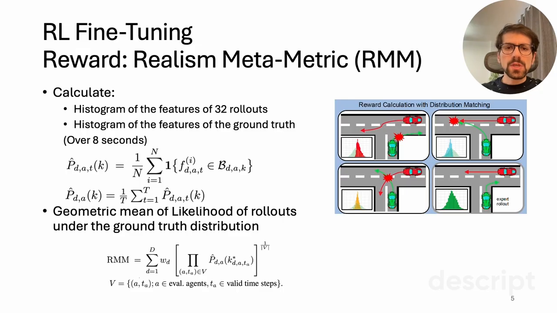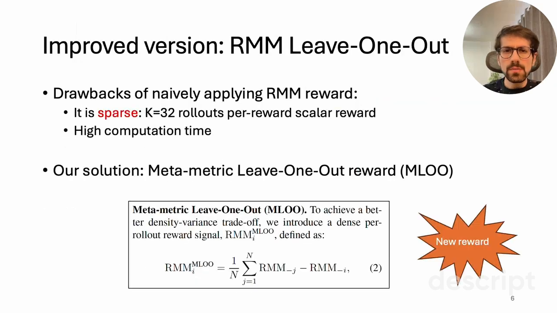RMM is measuring how much likelihood the simulated histogram places on the ground truth bins. These likelihood values finally are aggregated via geometric averaging over agents and time steps and linear weighted averaging over feature dimensions. Higher values for RMM means the simulation is closer to a real driving scenario.